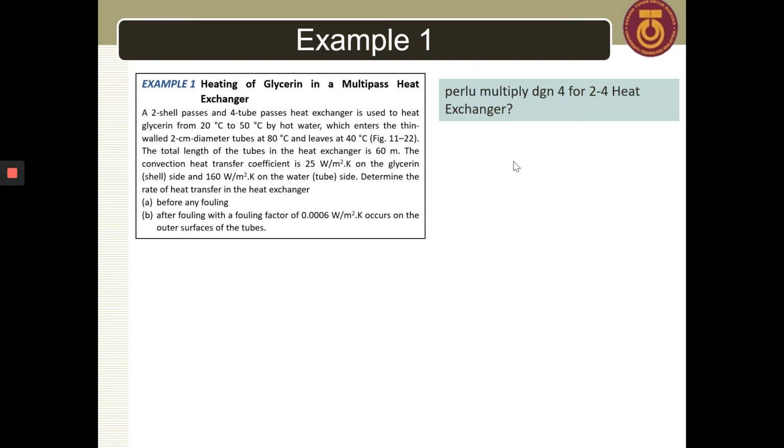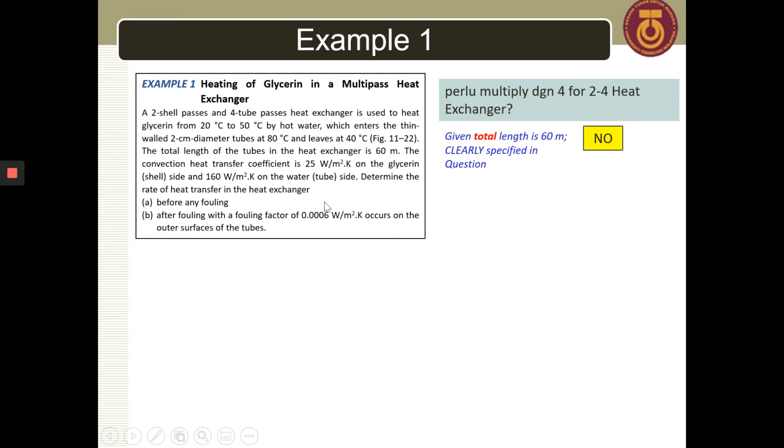The answer is: since the total length is given as 60 meter and this is clearly specified in the question, you don't need to multiply your answer by 4 for the length, because the length given is the total length.